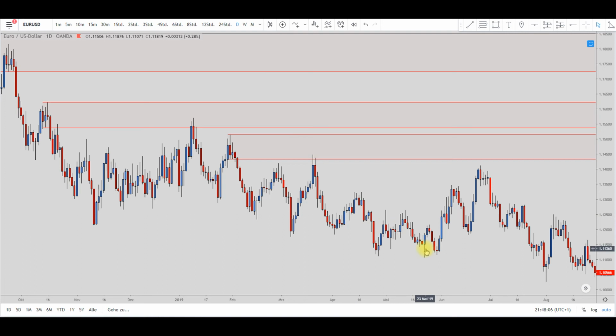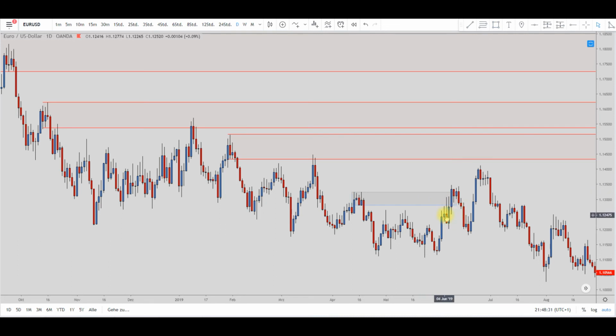So then in May we actually managed to reverse a little bit, took out supply, secondary supply. Now this at some level was primary level of supply, which was then taken out here.